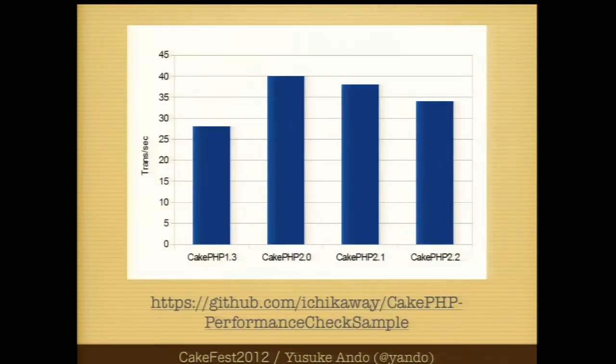And this is a performance thing. One of my friends, Ichikawa, made this benchmark on his blog, and the actual source code is on his GitHub, so you can see what's happening there. It's showing Cake 2 is faster than Cake 1. So it's concrete proof.